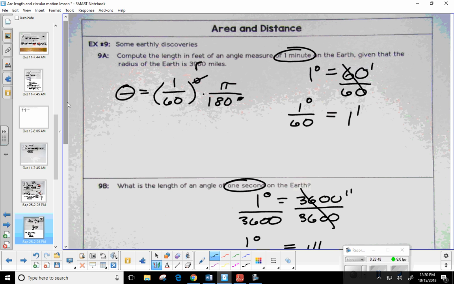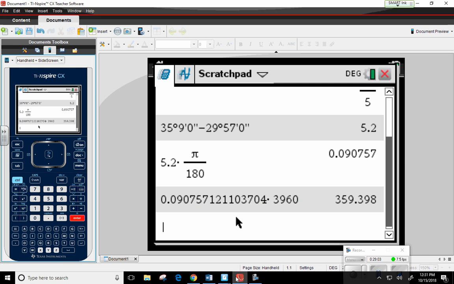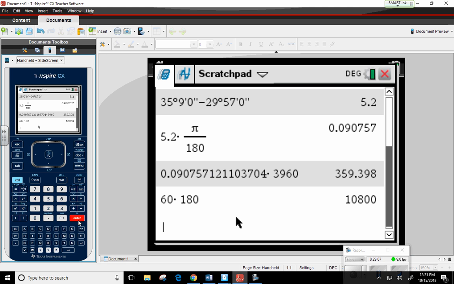So let's actually see what that is. In fact, if you multiply 60 times 180, I think you're going to end up with 10,800. Is that right? I believe so. Let me try. 60 times 180. 10,800.